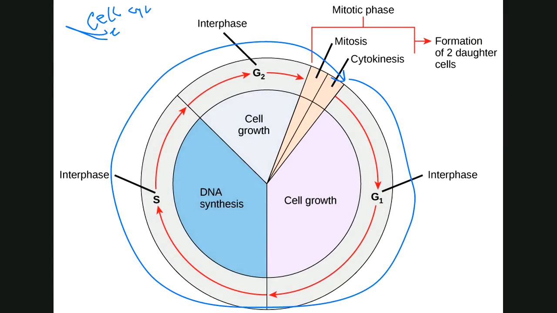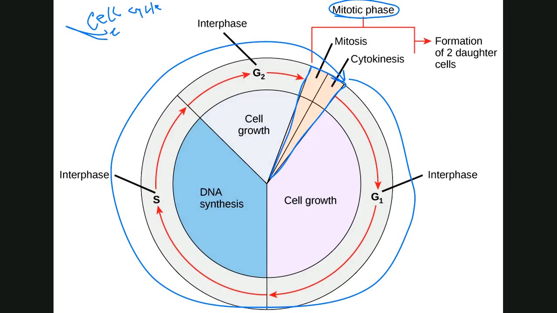All right, this is the cell cycle. Now, this small piece right here of the cell cycle is cell division or mitosis. All the rest of it, the cell is either just doing its job as whatever type of cell it is, or it's in preparation for cell division.